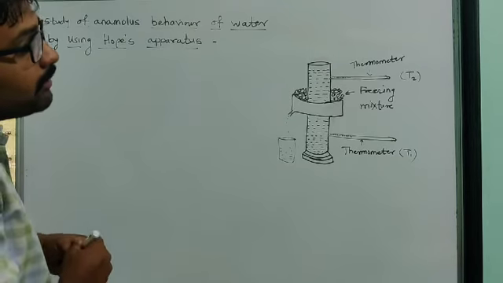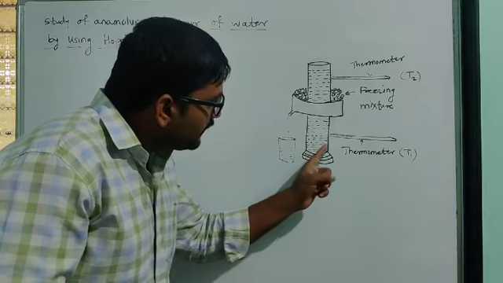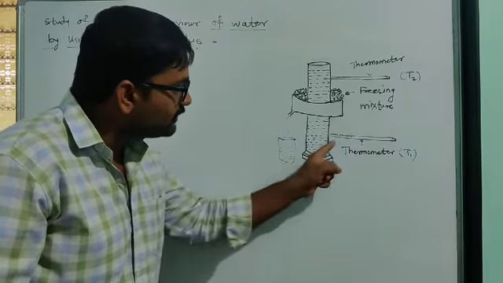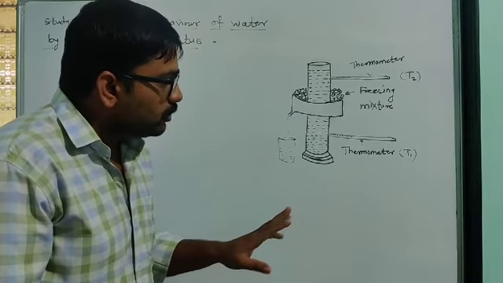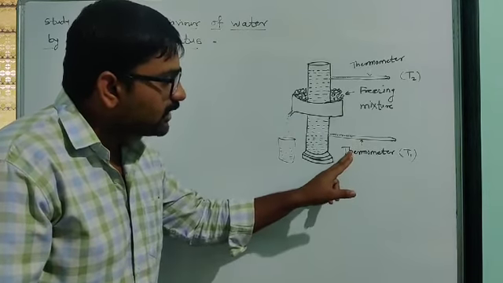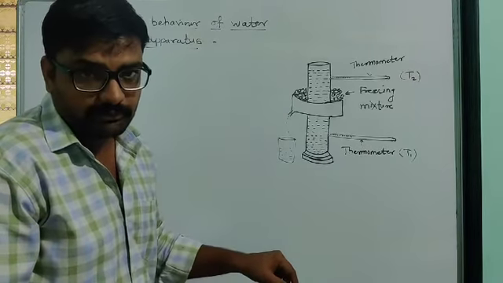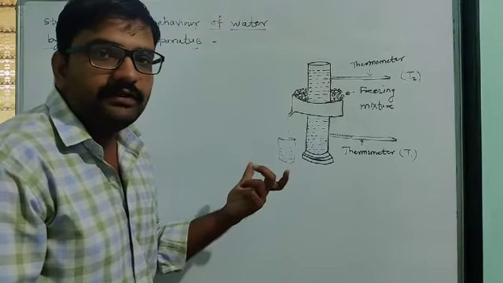But after some time, what happens? We will see that the temperature of thermometer 1, which is present on the downside, is decreasing fast. Look at what happened due to the presence of this freezing mixture.